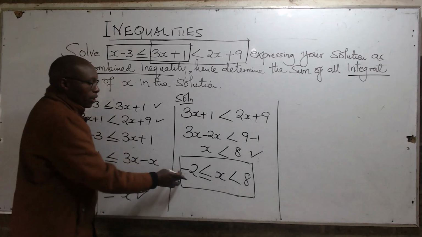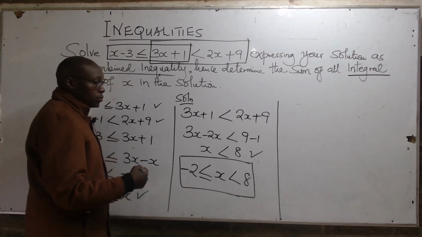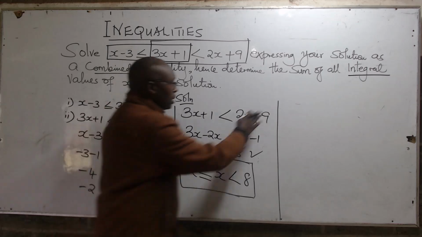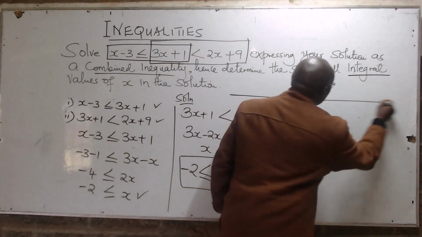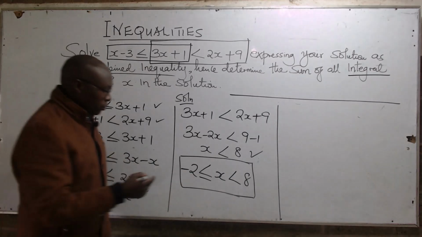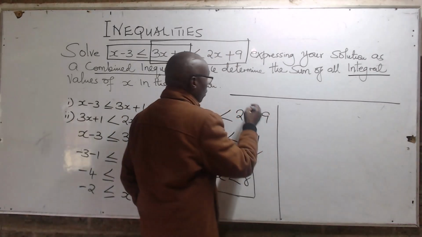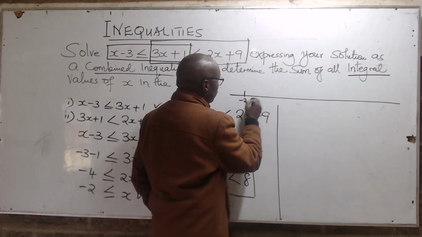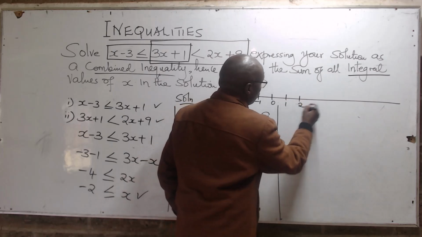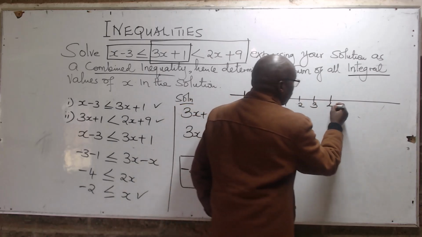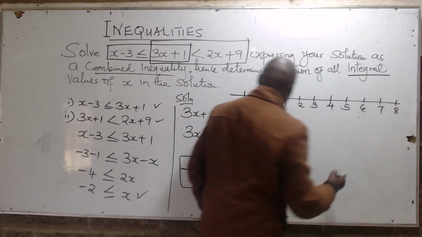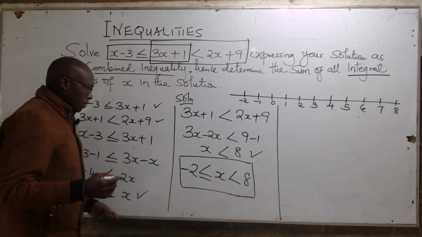Sometimes you're required to use a number line to get these integral values. So let me draw a number line here, though it is not required in the question, but it's good for working. You have -2 all the way to 8: -2, -1, 0, 1, 2, 3, 4, 5, 6, 7, and 8.